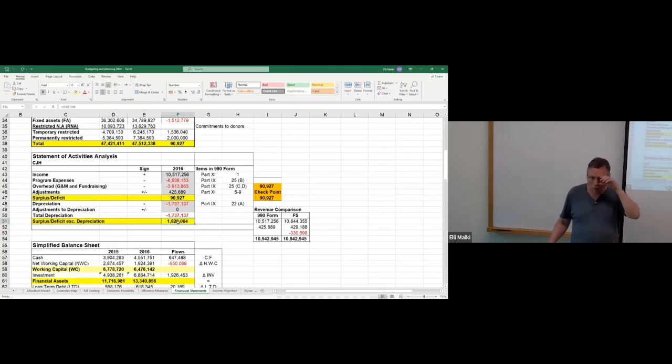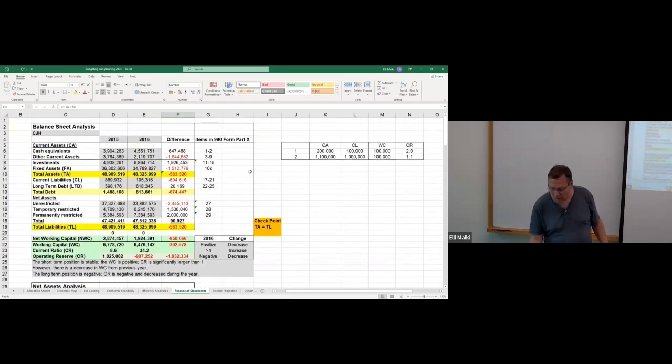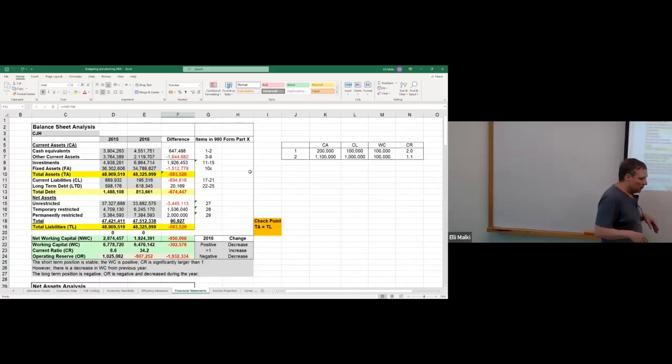Okay, so basically this is the data entry. And before we continue, are there any questions regarding the data entry? Now, again, yes. The depreciation, it's minus.